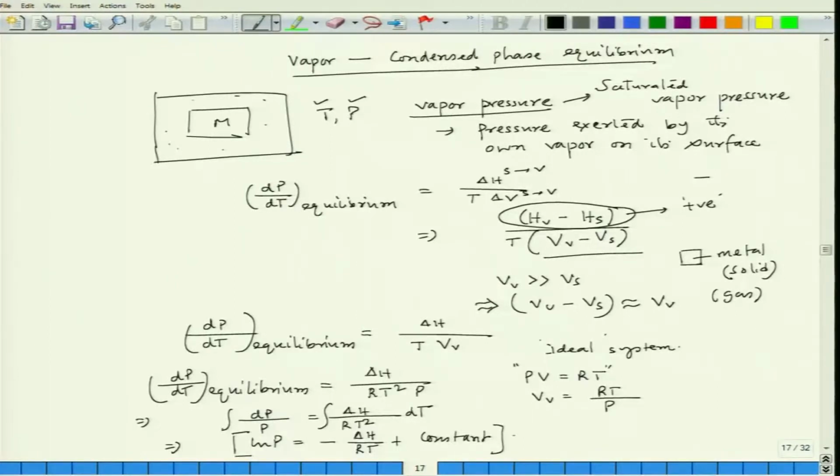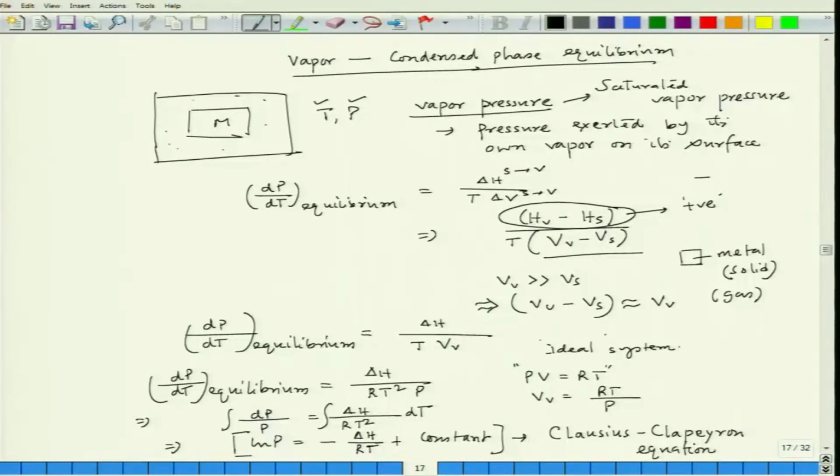And this equation is called the Clausius-Clapeyron equation. Interestingly, this temperature is nothing but the equilibrium temperature, this pressure is also the equilibrium pressure, and this we can consider as a constant.